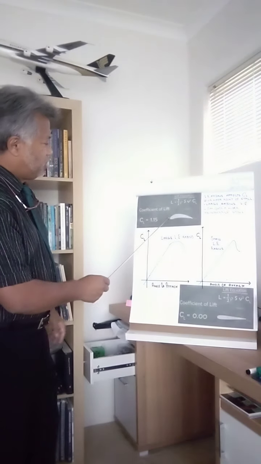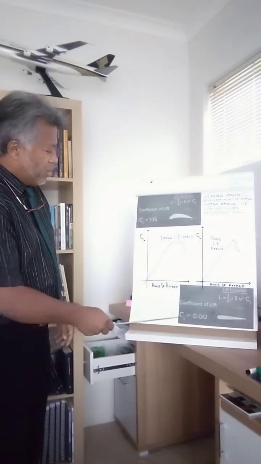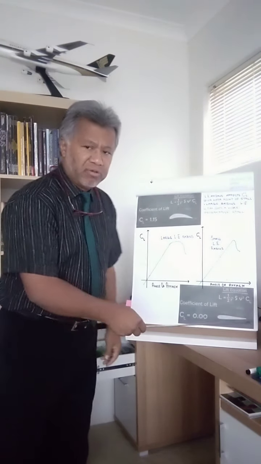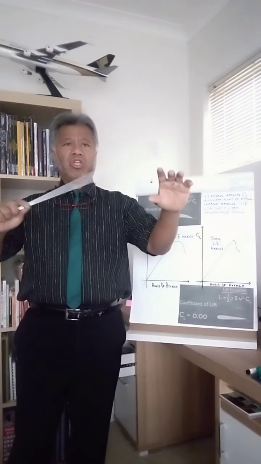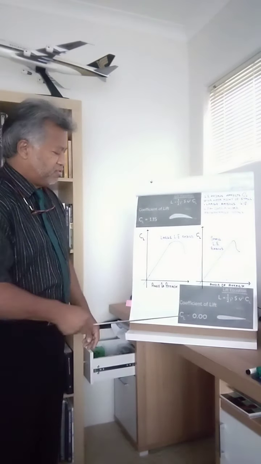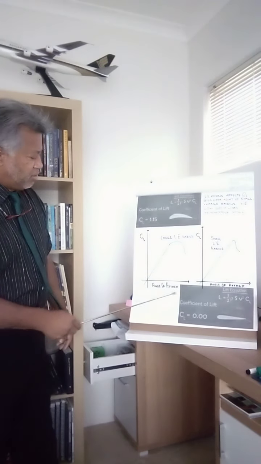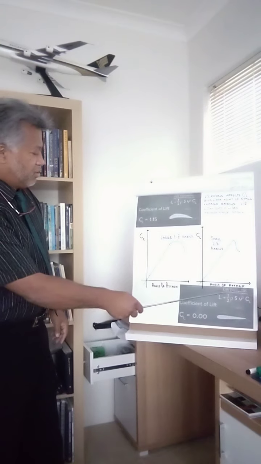For example, this shape here gives you a coefficient of lift of 1.15. Where you have a symmetrical aerofoil, the top and bottom are the same, therefore the pressure remains the same, there's no lift generated, so the coefficient of lift is almost zero. So you see the angle of attack here and the angle of attack here.